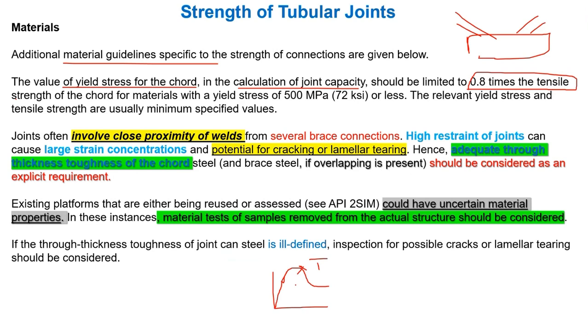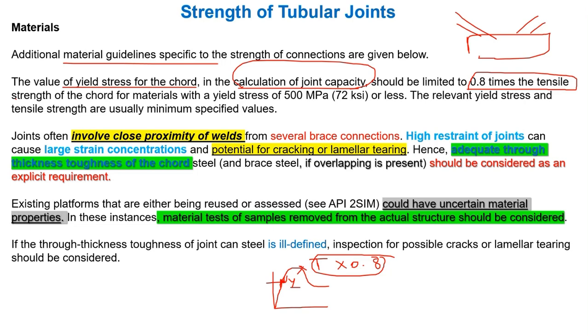This is the tensile strength. So whatever tensile strength it comes to, we need to limit the yield value to 0.8 times that. Okay, that's what they're telling. Whichever is lower, the minimum yield value or 0.8 times tensile, that is what we need to consider in the calculation of the joint capacity.